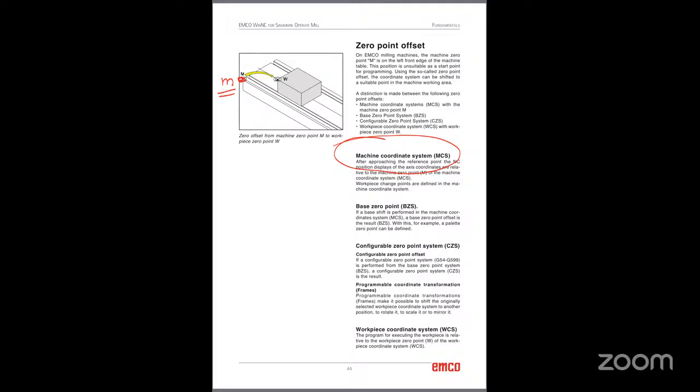This point is fixed by the manufacturer, and the user will not be able to change it. When you turn on the machine, the next step is reference return, and then the machine will know the exact position, so that the machine coordinates will be ready to execute the program.